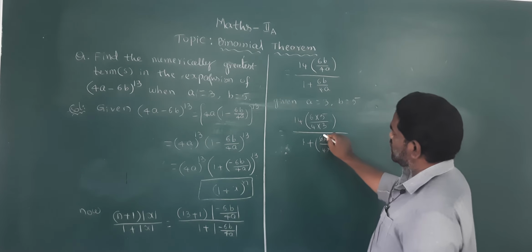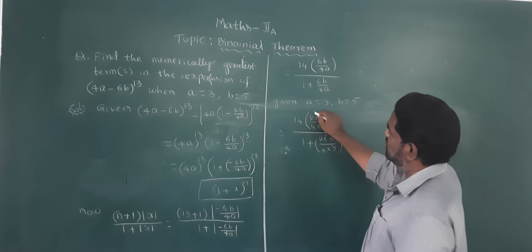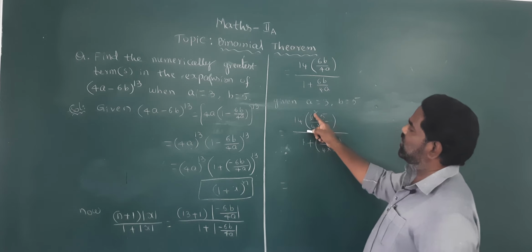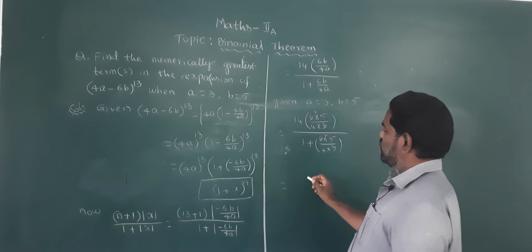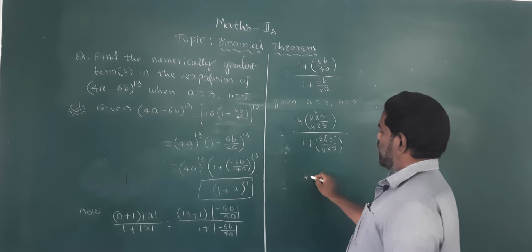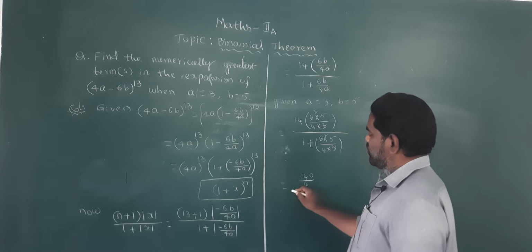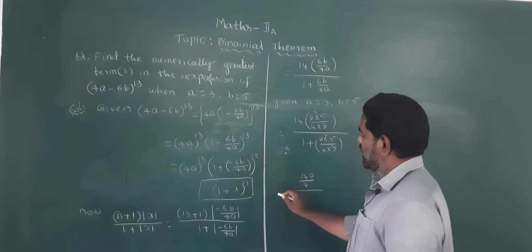3 twos are 6, 3 twos are 6. What will come here in the numerator? 5 twos are 10, into 14, that is 140, over 4.